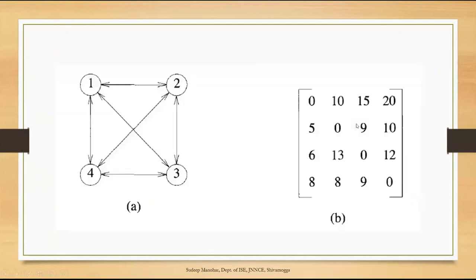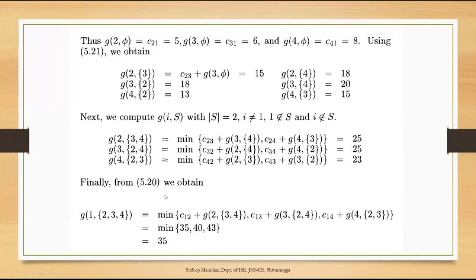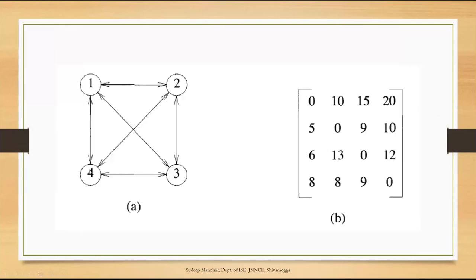That means if 1 is the starting vertex and 2 is considered as k, then you should remove these two from V, and the path should include all the remaining vertices, that is 3 and 4. So from 1 to 2, where 2 is k, and from 2 back to 1, the path should cover all the remaining vertices. It should cover 4 as well as 3. So that is the meaning of that point.